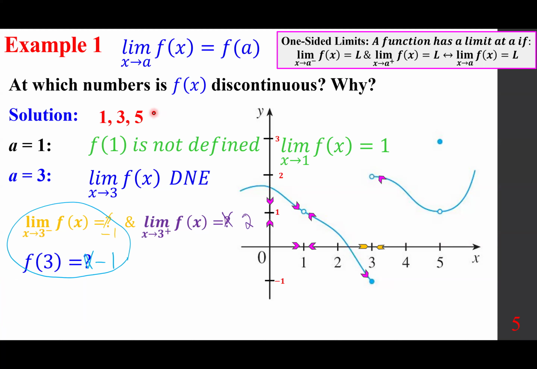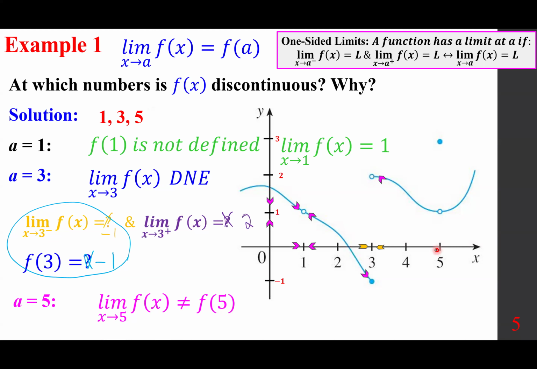And the last number is 5. Let's look at number 5. So what's going on? The limit of f of x as x approaches 5 is not equal to f of 5. Why is that?